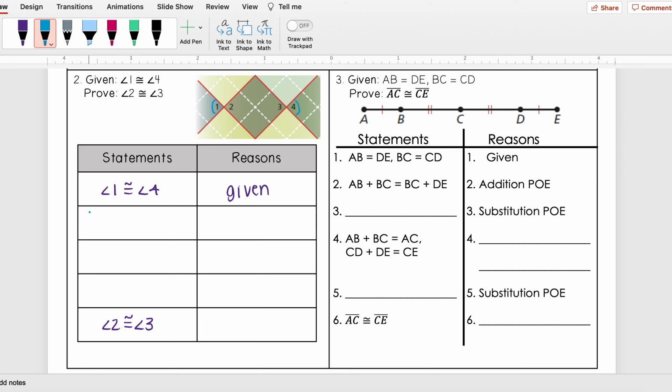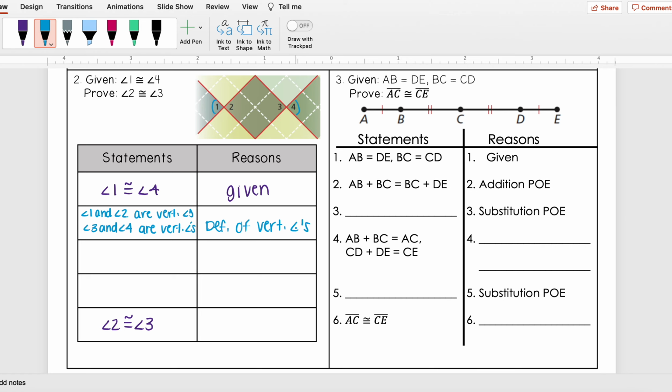So I'm going to go ahead and write that. That's just definition of vertical angles.